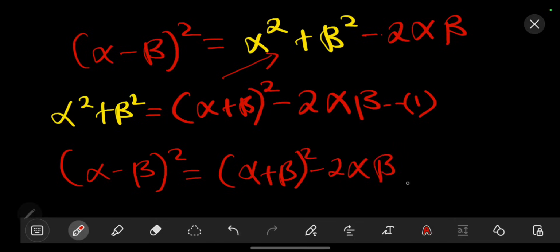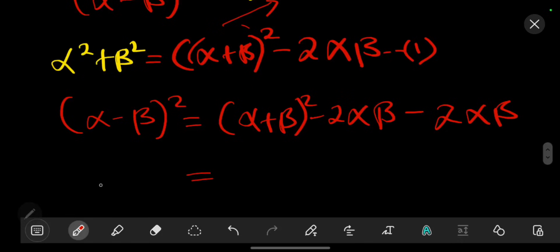But wait, we also have another value at the end, which is our 2 alpha beta, which was independent, by the way. So we are going to still say minus our 2 alpha beta, because this is just for where there is alpha squared plus beta squared, we have this identity.